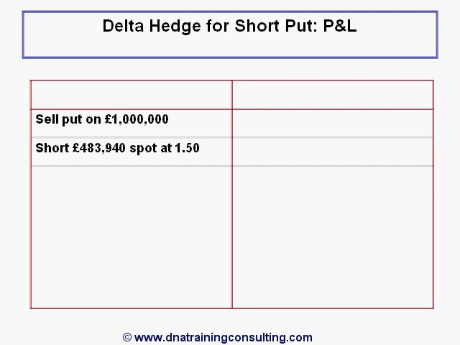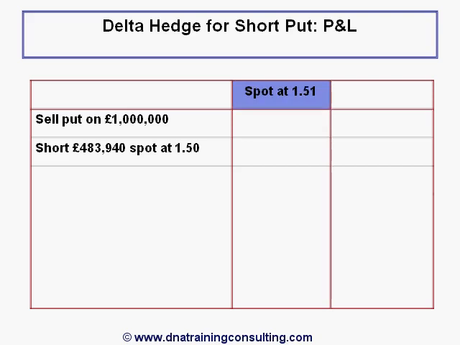The trader therefore shorts 483,940 sterling spot, which means basically borrowing this amount in sterling and converting it into US dollars.